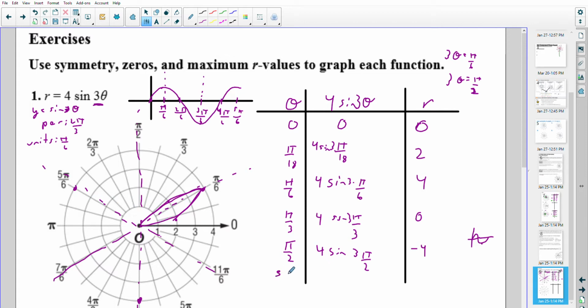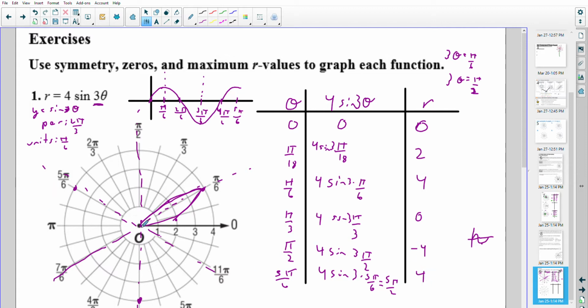Let's just try one more point here and see what happens. 5 pi over 6, 4 sine of 3 times 5 pi over 6, which is the same thing as 5 pi over 2, which is 2.5 pi. So that means that I would be at this point right here, which is just 1. So 4 times 1 is 4. And yes, it does come up like this.